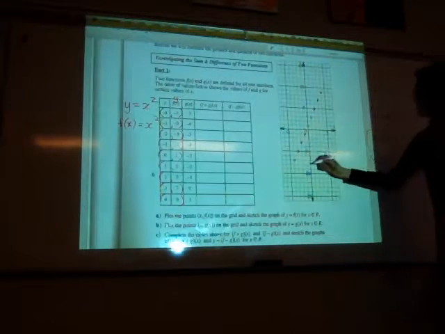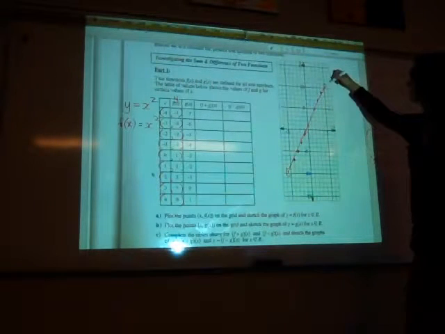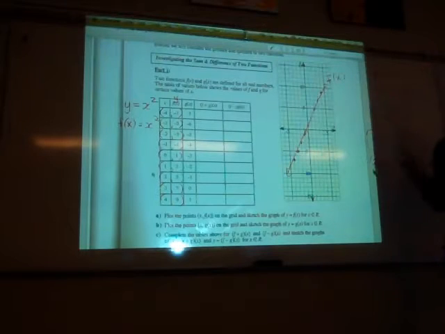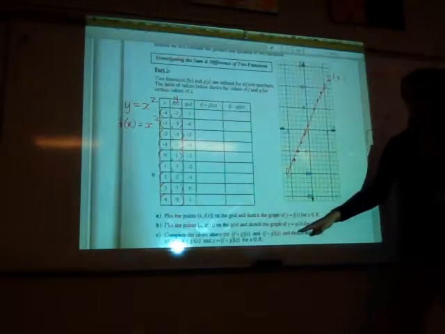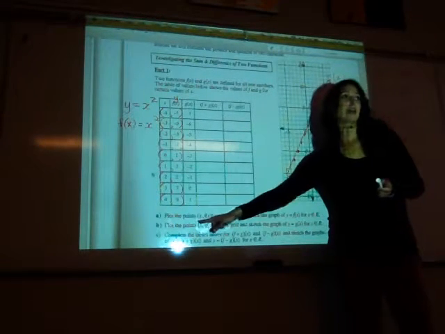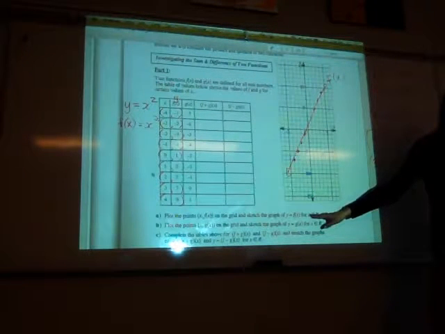Okay, then we're going to just draw as straight as possible the line of f of x. So we've basically done part A here, okay? Plot the points x and f of x, and we sketch the graph y equals f of x.